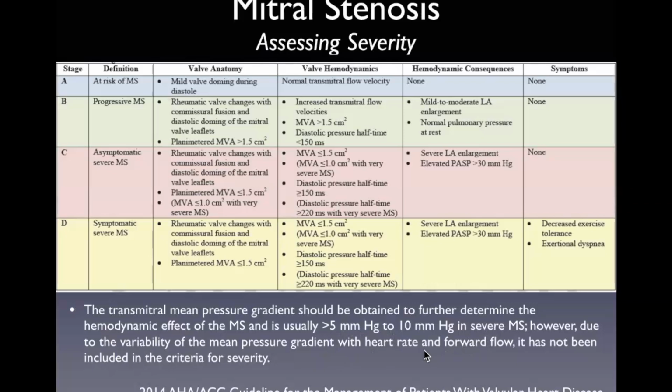In part, it's similar to the mean gradient across the aortic valve in aortic stenosis, where we have this big category of low flow, low gradient, and we separate classic low flow versus paradoxical low flow. So it's a factor, but you can't call severe mitral stenosis because the gradient is 5 or 6 millimeters of mercury. Does that make sense? Yep.